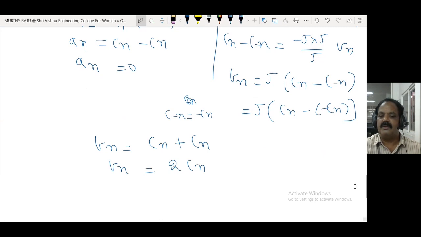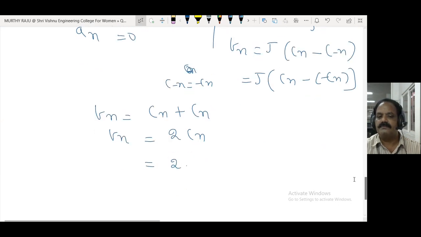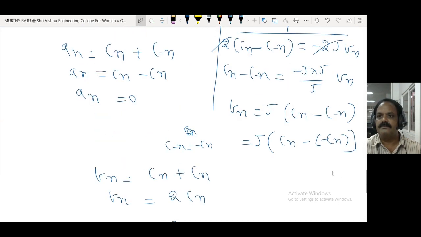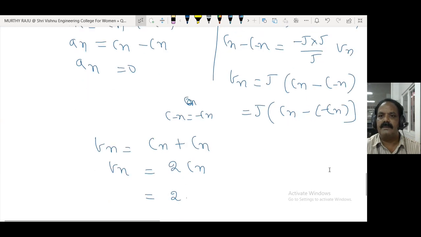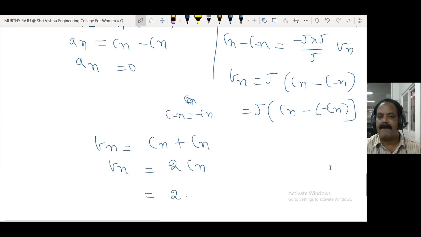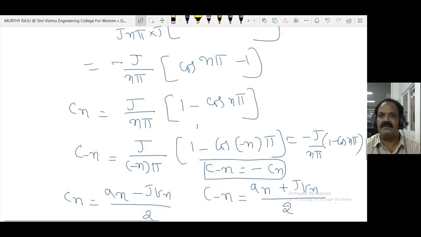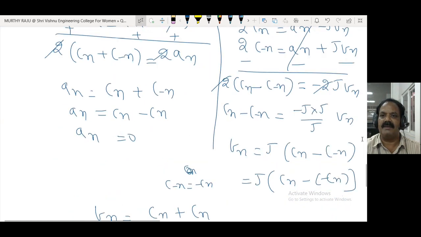The Cn value is j by n pi into 1 minus cos n pi.